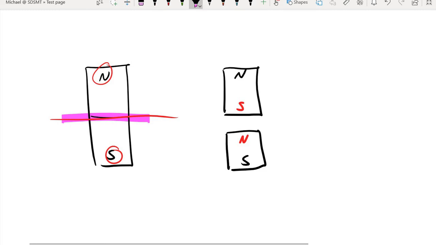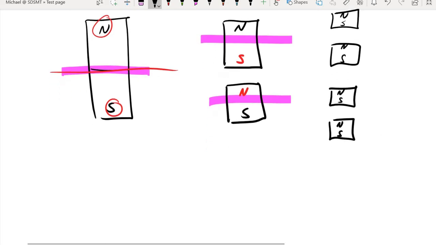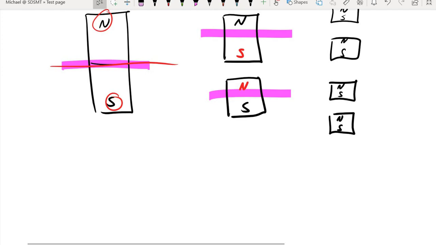Well, then we can try cutting those in half, and we would make four smaller magnets, each with a north and a south end. But the question would be, how many times can you cut this in half and still get a dipole relationship?